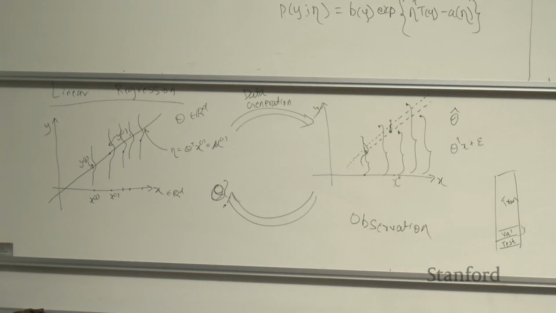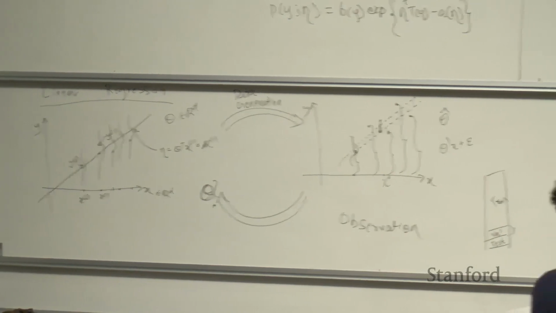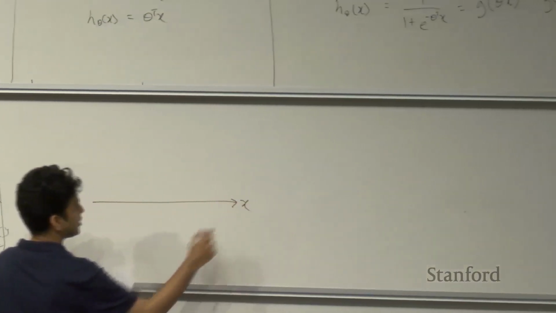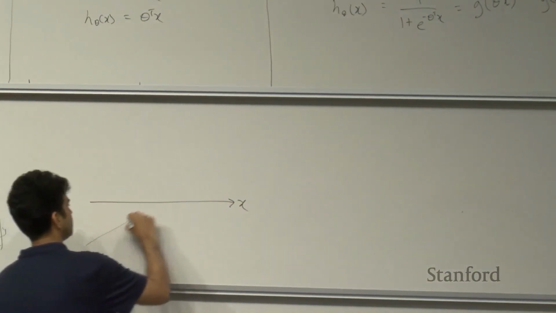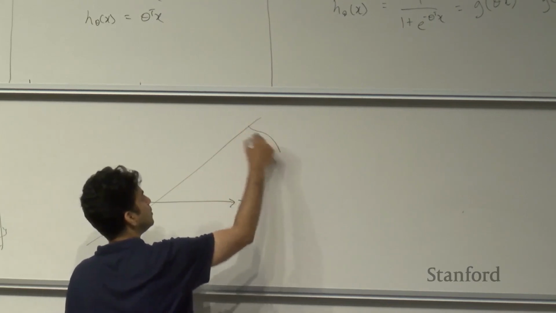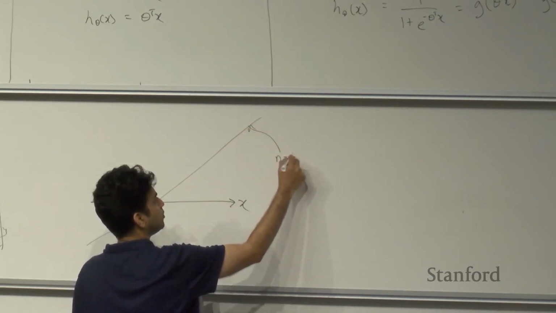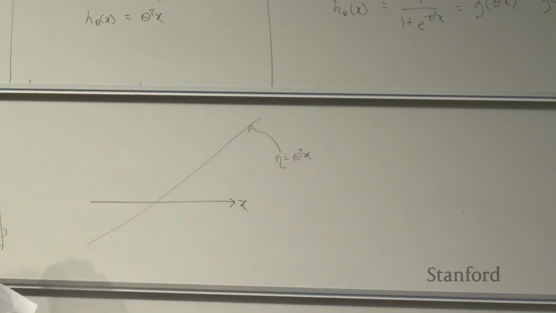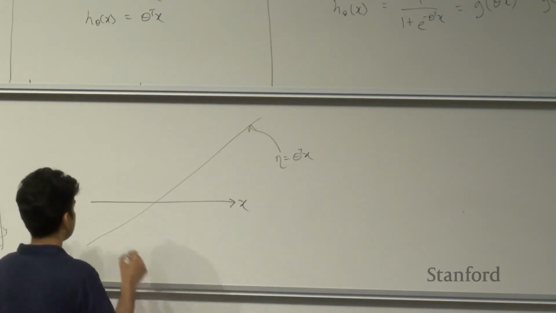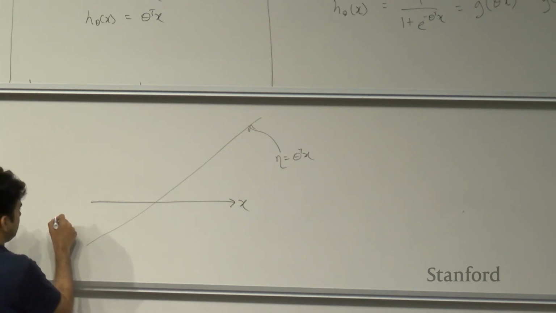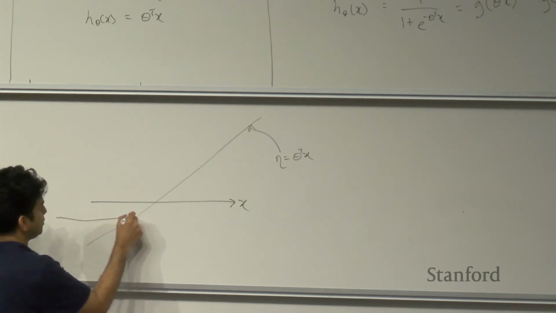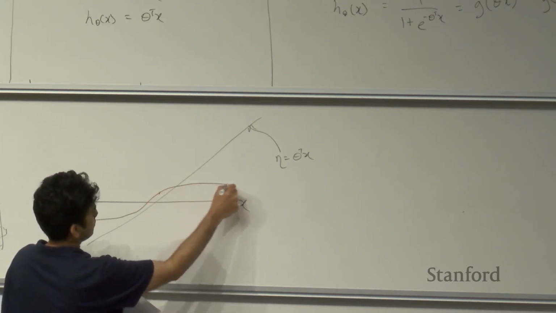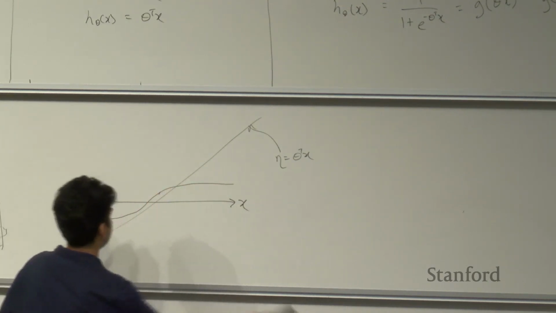So for logistic regression, the picture looks again somewhat similar. So this is x, and assume this is eta equals theta transpose x, right? And now we have yet another function which is the activation function.